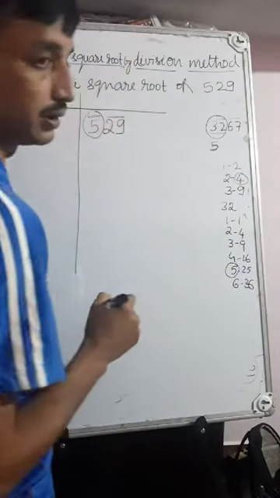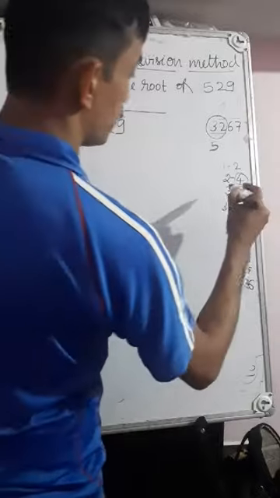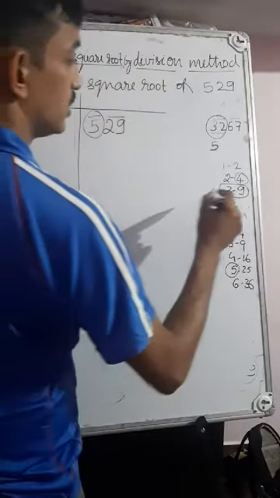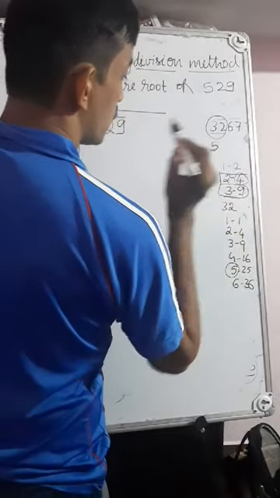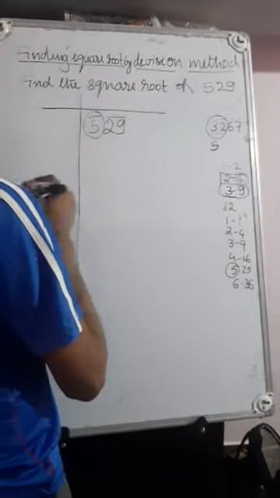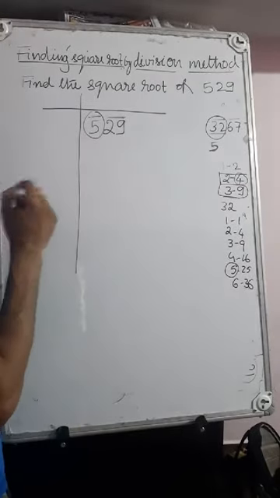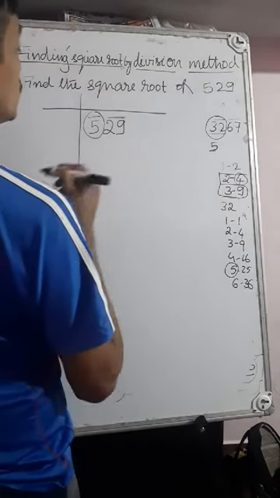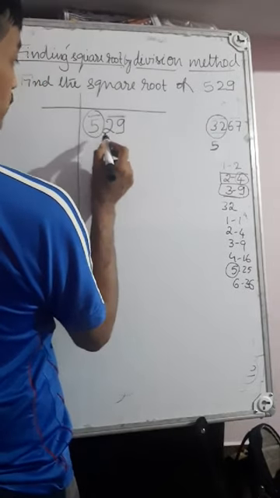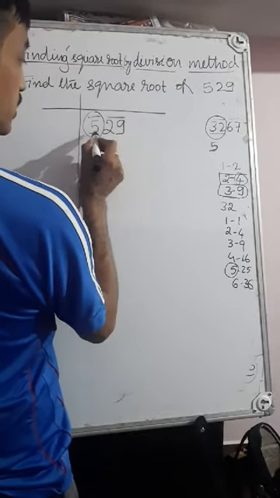5 is the number. Similarly here also, if you look at 3, its square is 9, which exceeds 5. If you take 2, its square is 4. Therefore, 2 is the number. Consider a number whose square is less than or equal to the number present in the leftmost group. Number or numbers group. Here it is a single number.